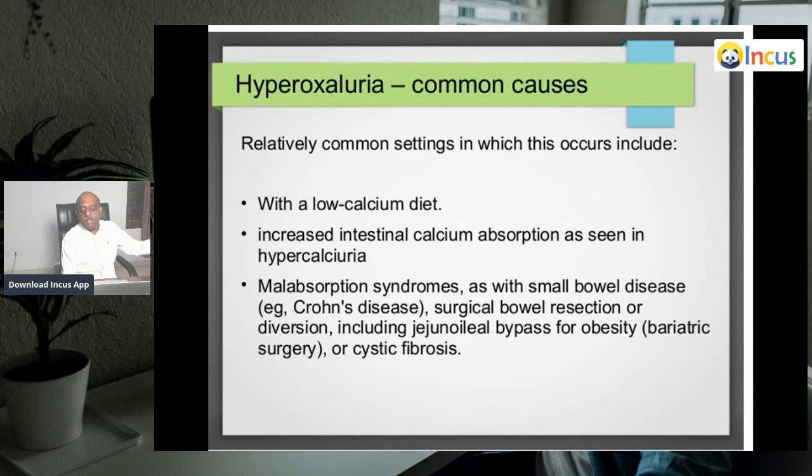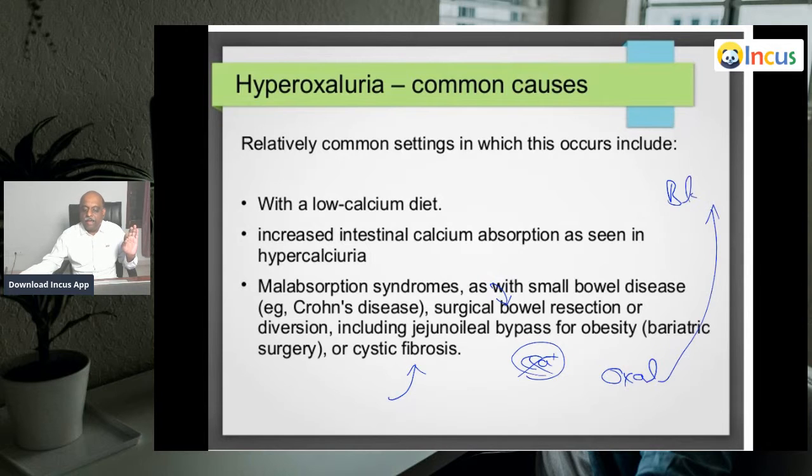Any increased intestinal calcium absorption, as seen in hypercalciuria: even if it is absorbed, it is not available to bind with oxalate. Any malabsorption syndromes like Crohn's disease, jejunal bypass, cystic fibrosis, surgical bowel resection. Whenever calcium is not available to bind with oxalate, oxalate will enter the blood, go to the kidney and form stones.